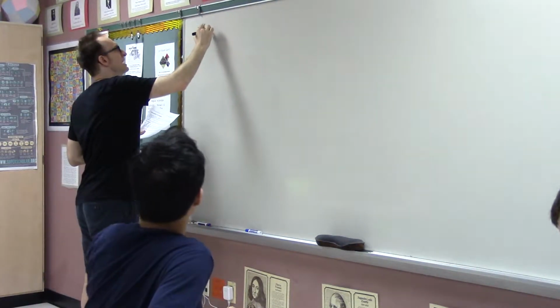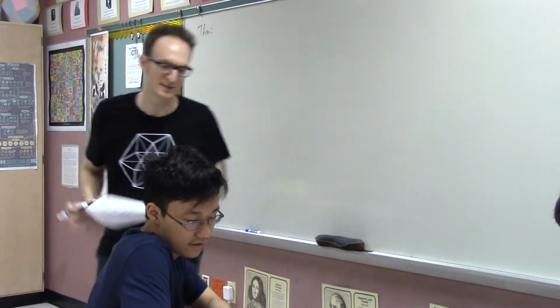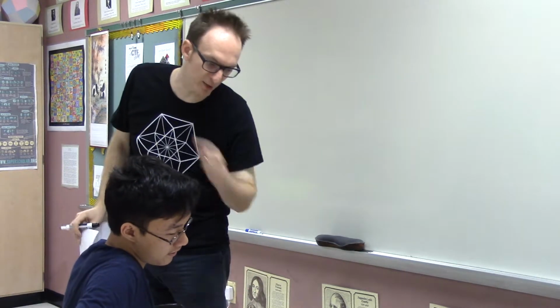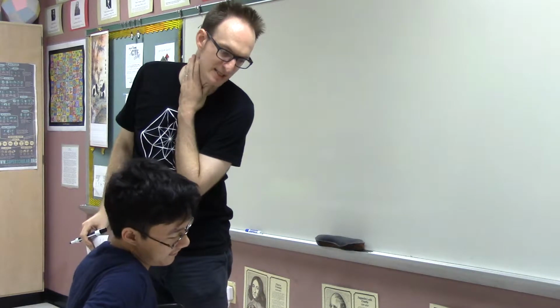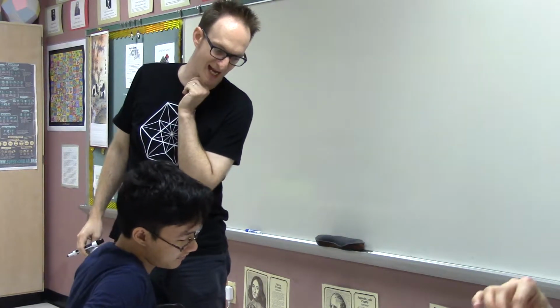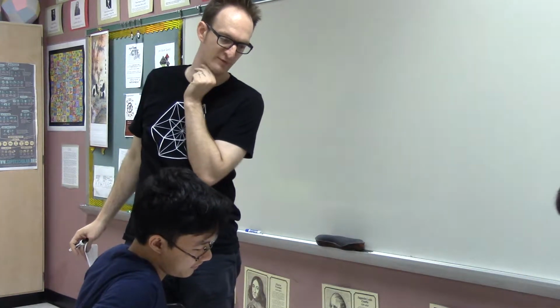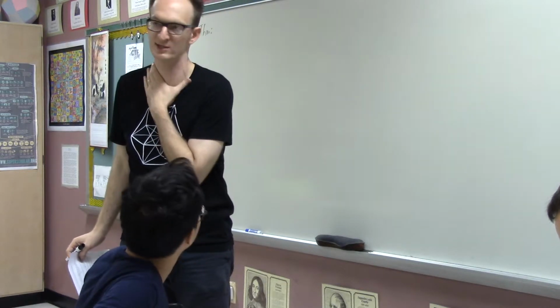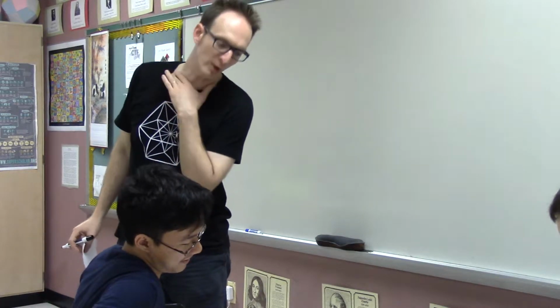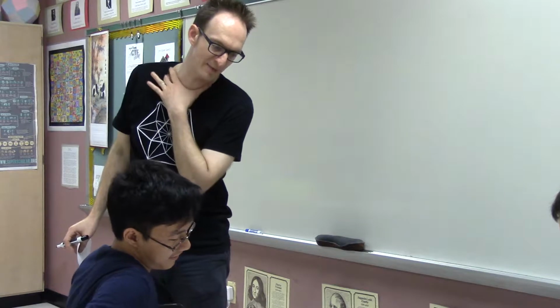Theorem, what does it say on your worksheet? On your worksheet it says something like: the angular defect at a vertex of a polyhedron is the amount by which the sum of the face angles meeting at that vertex falls short of 2 pi. I'm switching back to radians now just because I feel like it. And the total angular defect, which I'm calling T, is the sum of the angular defects.